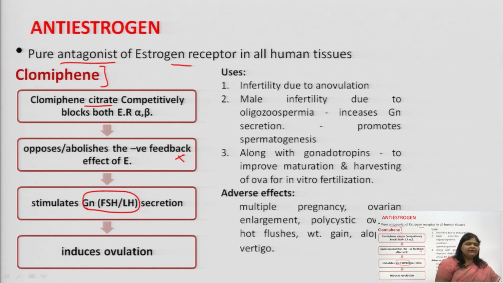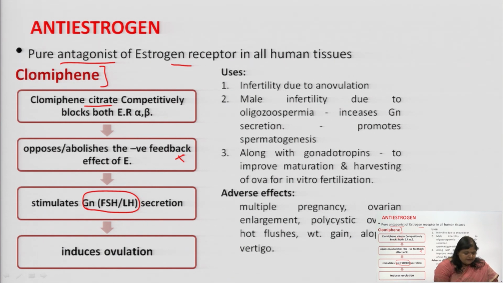So, as we can see from its mechanism of action, it is used in case of infertility due to anovulation. Anovulation means when no ovulation is occurring, when the ova are not released. It can also be used in case of male infertility where there is oligozoospermia, which means that a lesser amount of sperm is produced.